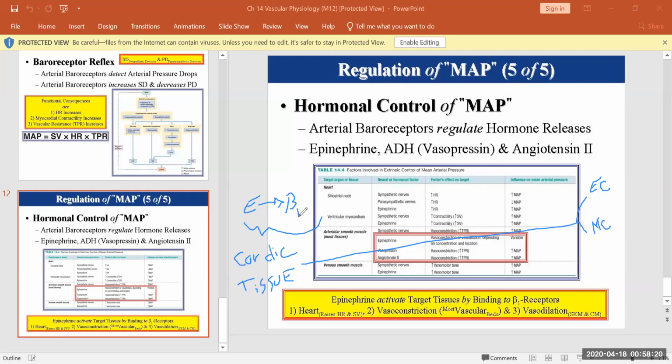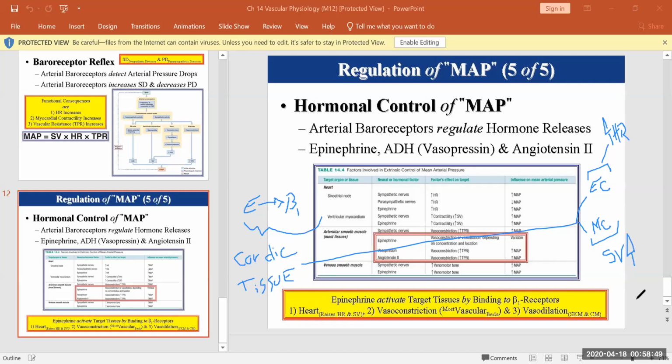So epinephrine, by activating beta-1 through the electrical component of the heart, will increase the heart rate. And through the mechanical component, it will increase the stroke volume because it increases the strength of contraction.